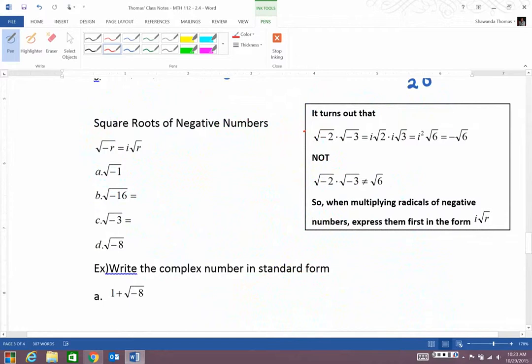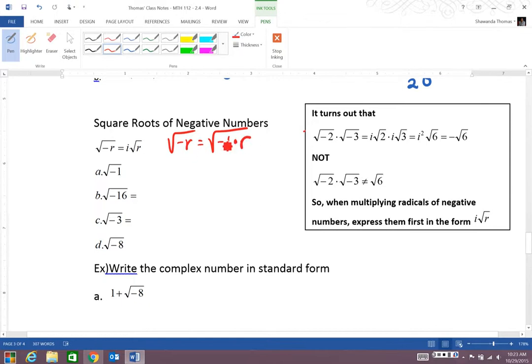Alright, next we have square roots of negative numbers. So it turns out that the square root of -2 times the square root of -3 equals i times the square root of 2 times i times the square root of 3. So where did that come from? Well, the square root of -r equals i times the square root of r, because the square root of -r is the same thing as the square root of -1 times r.